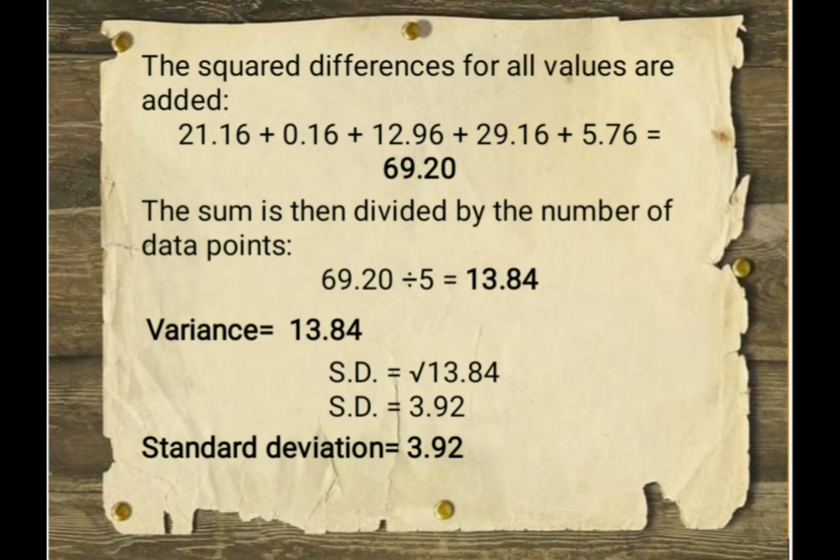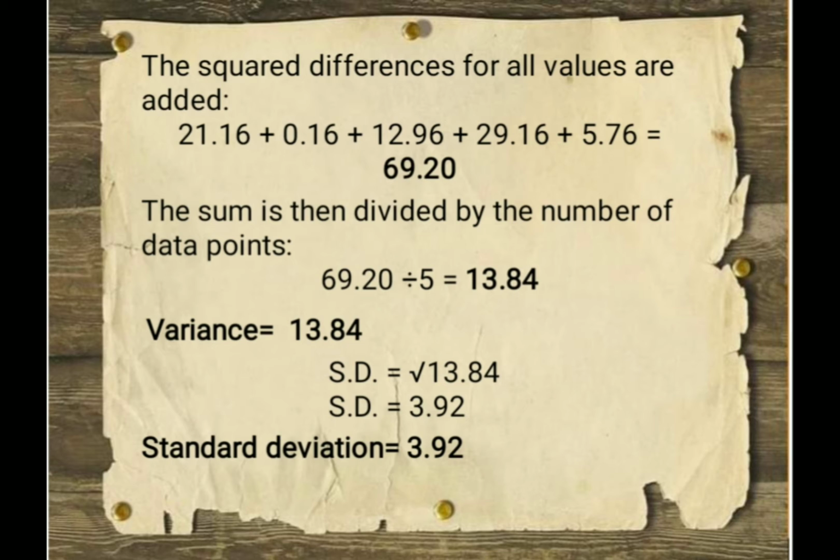The next step is that the squared differences for all values are added. For example, 21.16 plus 0.16 plus 12.96 plus 29.16 plus 5.76 is equal to 69.20. The sum is then divided by the number of data points. So 69.20 divided by 5 is equal to 13.84.